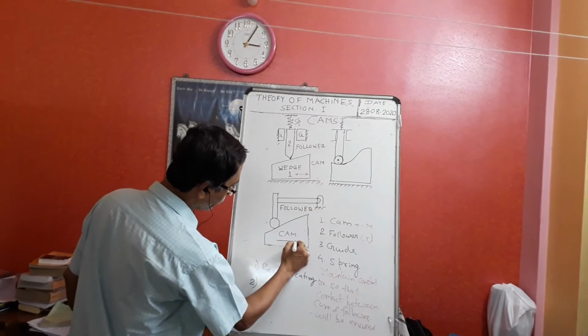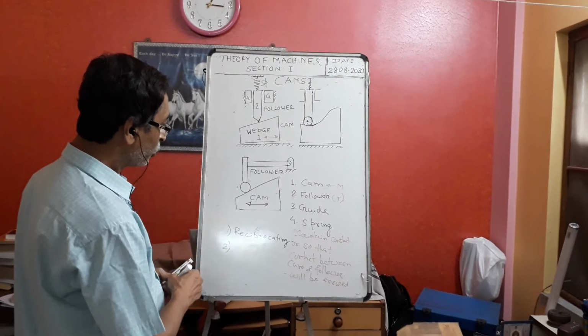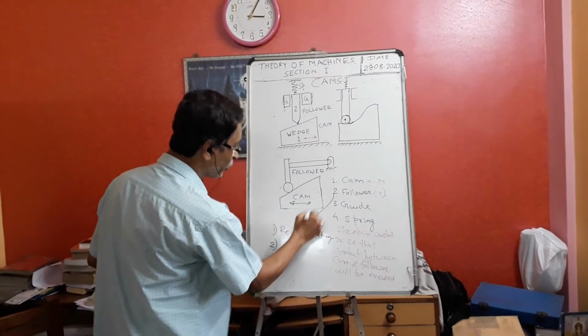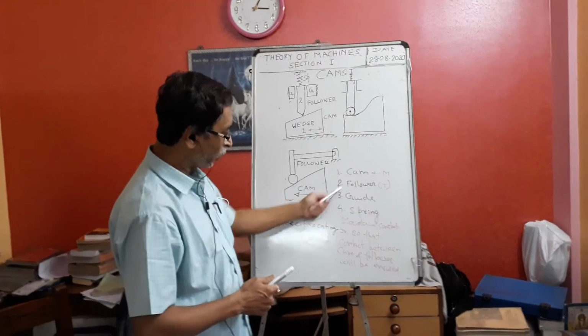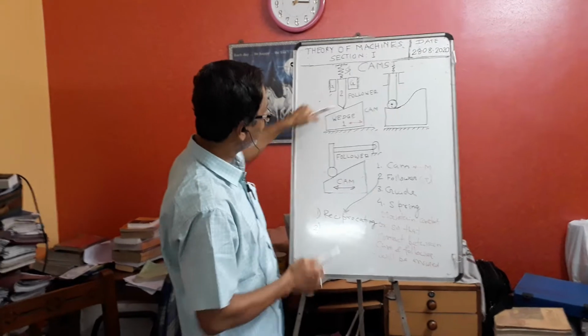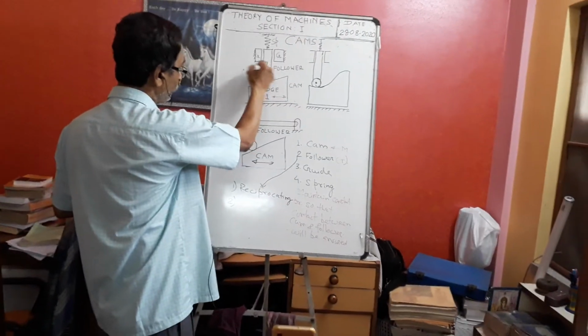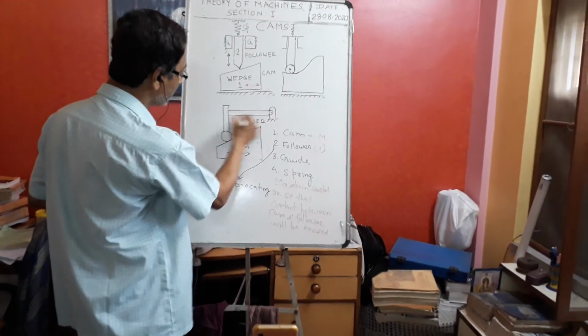If this cam moves like that, in translation motion, what will be the follower motion? Now we are discussing the follower motions. Cam motion will come later. The follower motion here will be reciprocating, that means it will go up and down. Here, can anybody say what the motion will be? This is the follower. The total system is the follower.